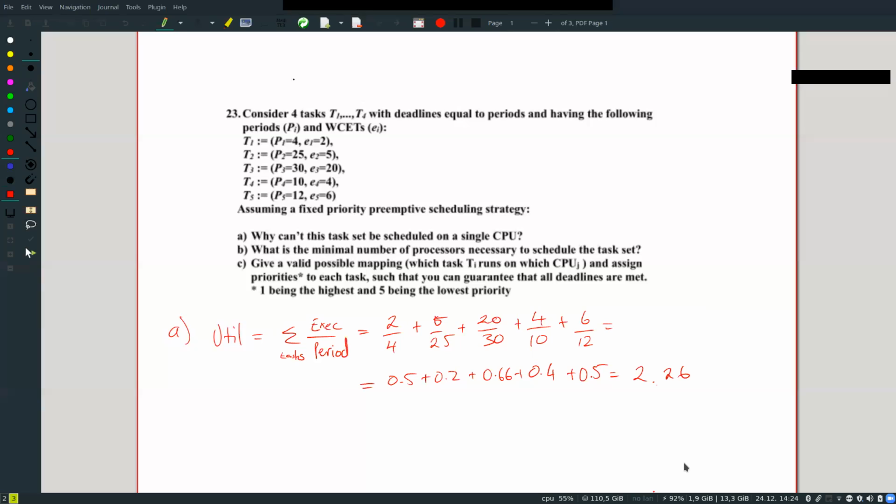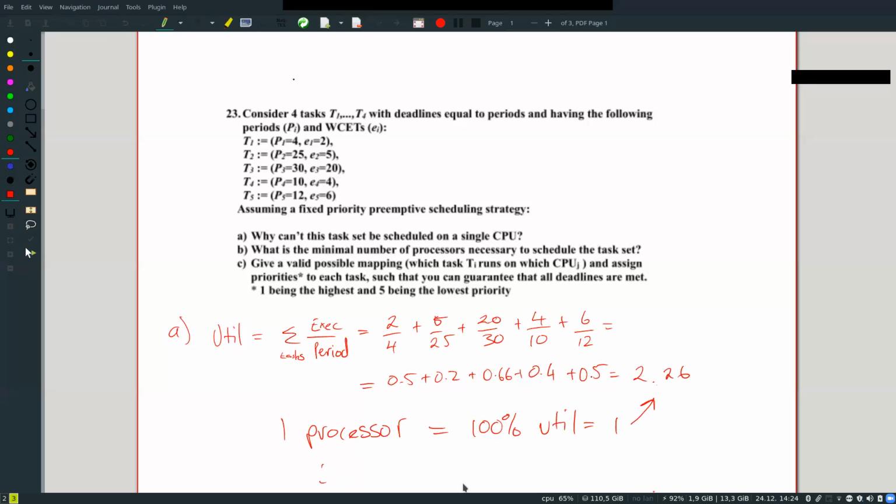And so the next question is saying, what's the minimum number of processors I'm going to need to schedule this set of tasks? And as you can imagine, one processor, generically speaking, equals 100% utilization. And this equals 1, in terms of this.